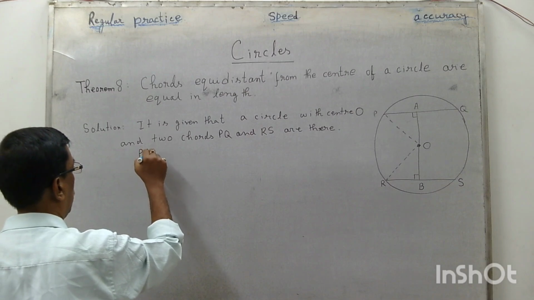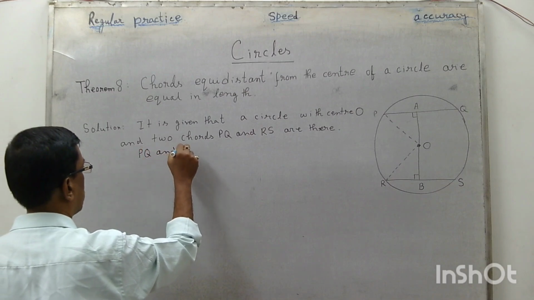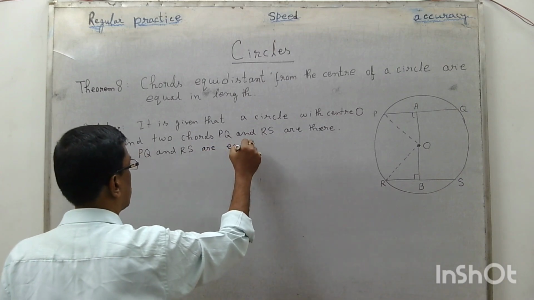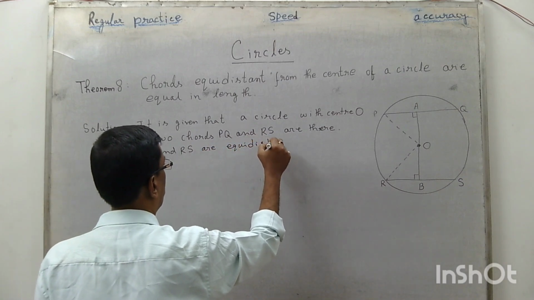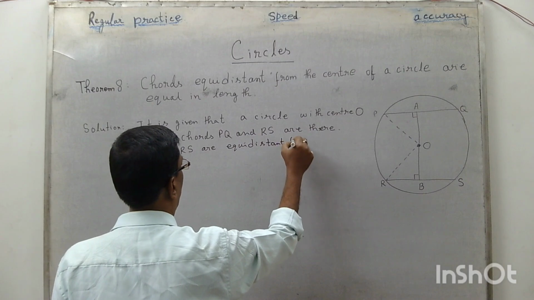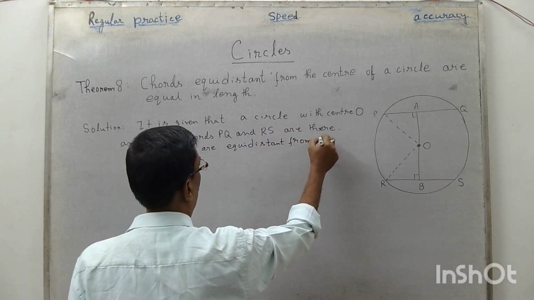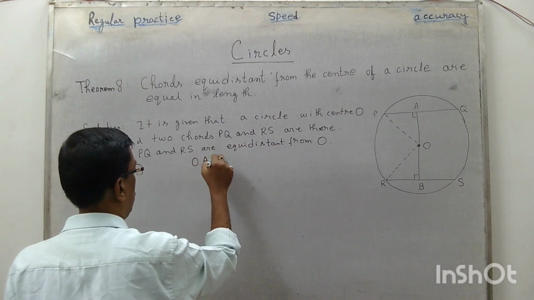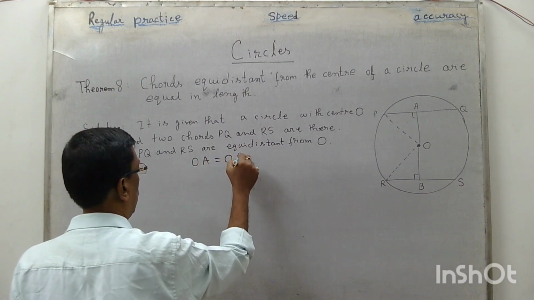PQ and RS are equidistant from O. So OA equals to OB.